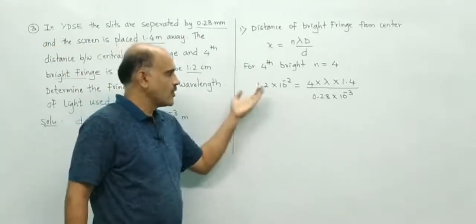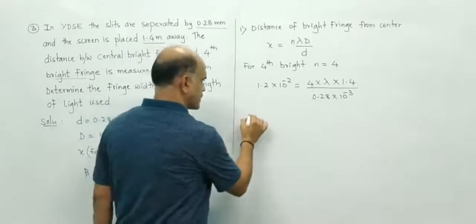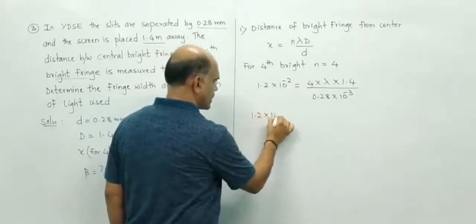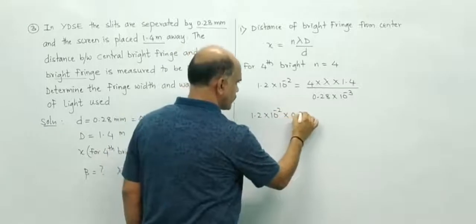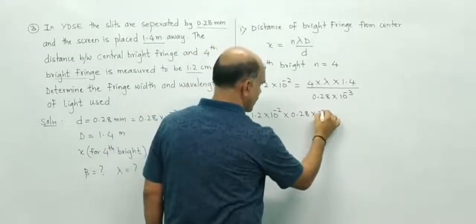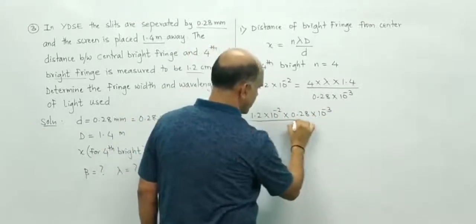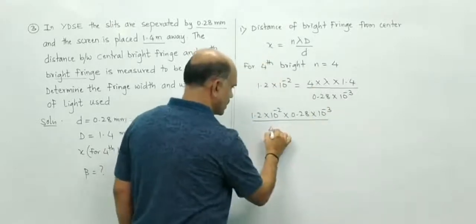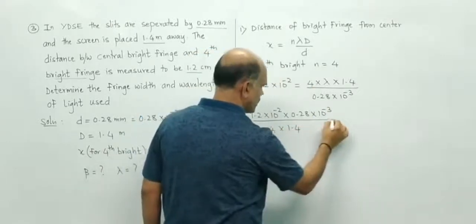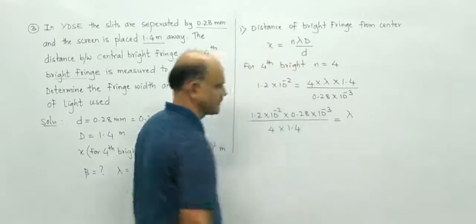Now I will take all terms to the LHS. 1.2 into 10 raised to minus 2, 0.28 into 10 raised to minus 3 divided by 4 into 1.4. This will be equal to lambda.